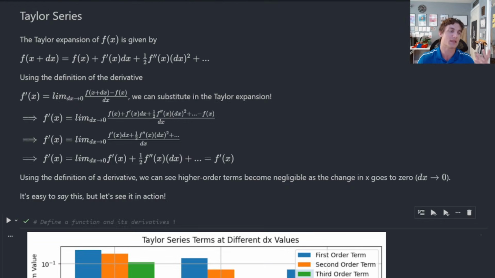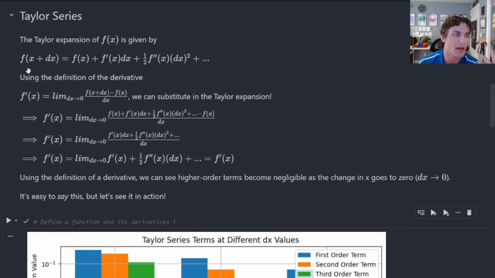Now that we understand the idea of a differential, we need to consider the Taylor series expansion. The Taylor series expansion is going to confirm what we suggested earlier about the derivative, but it's very important to make the distinction between the linear approximation that is the derivative and the actual function's change at that particular point. Let's take a look at this Taylor expansion here.